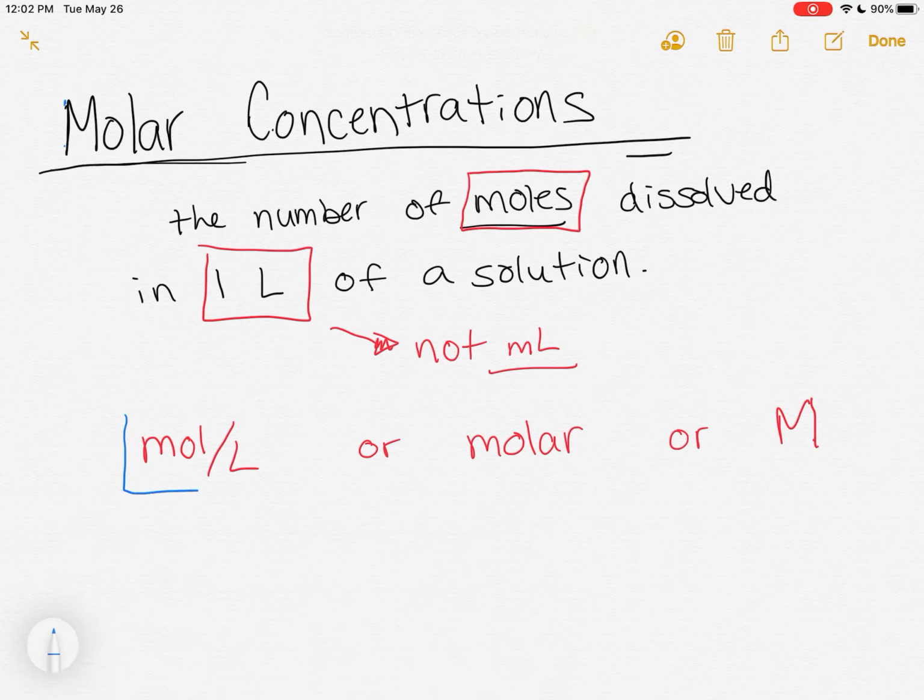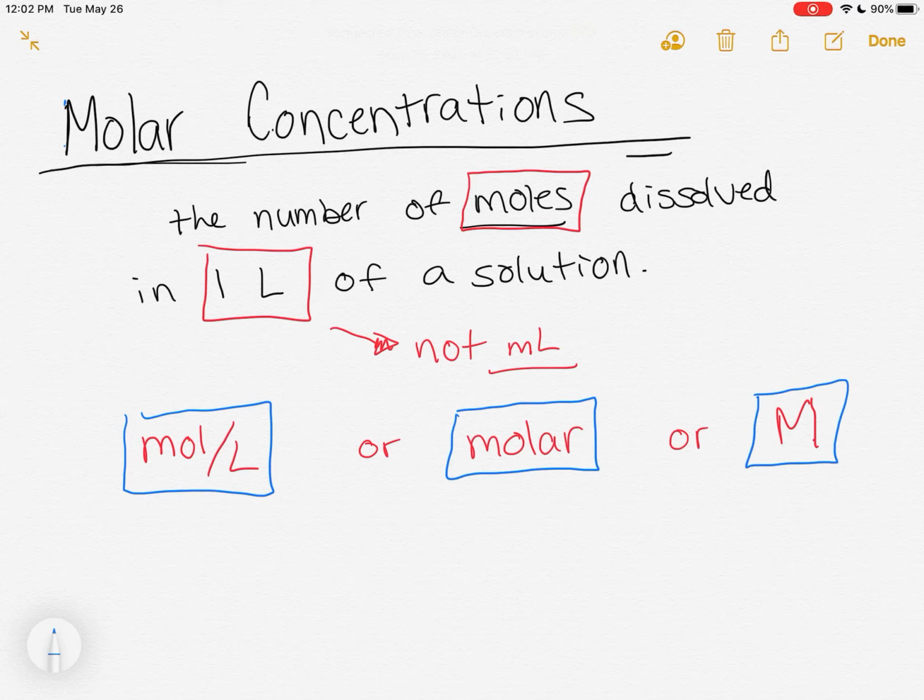Each of these three, moles per liter, the word molar, or a big capital M, are the units for molar concentration, and they are interchangeable with each other.